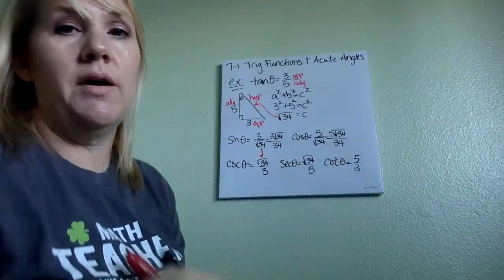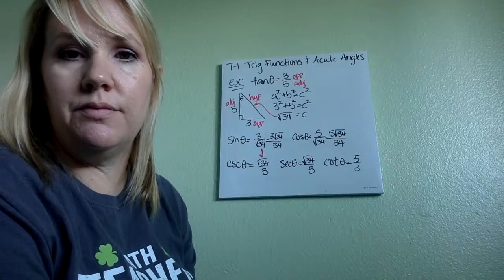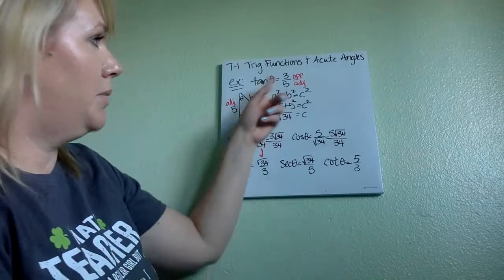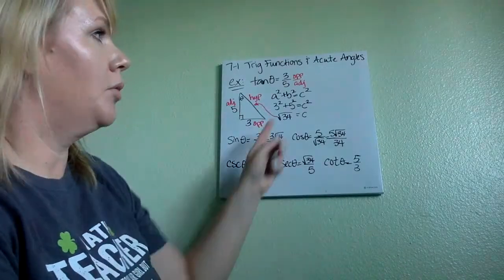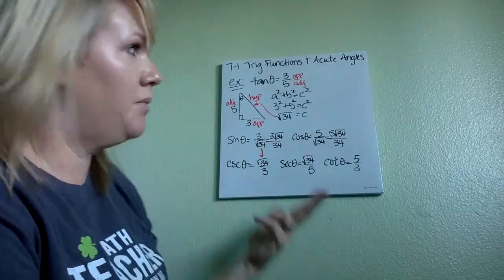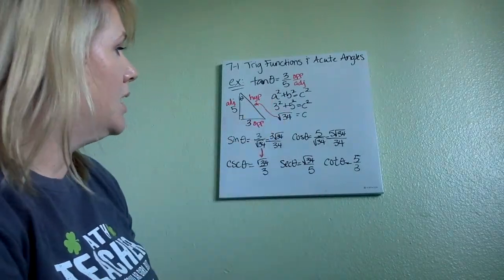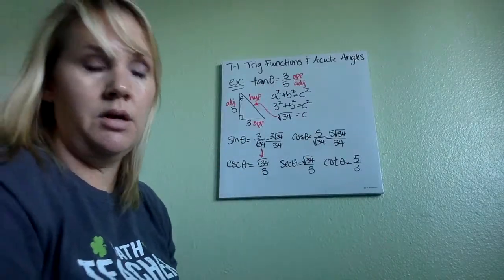Okay, so if they give you one of the trig functions, you might draw a triangle, but definitely figure out what third piece you're missing. Is it the side opposite, the adjacent, or the hypotenuse? In this case, it was the hypotenuse. Once you have that determined, you just plug in the numbers.